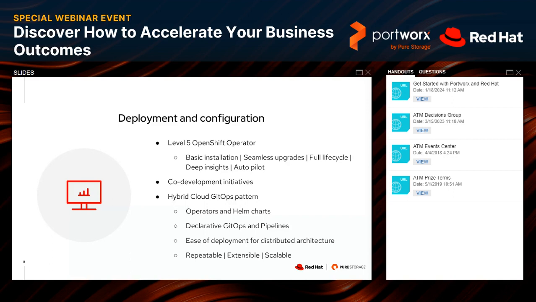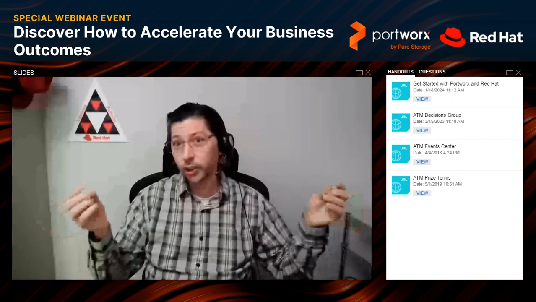With a hybrid cloud GitOps pattern, what we do is we bring together operators and Helm charts for the configuration piece of that within a declarative GitOps and pipelines deployment so that everything is codified. It makes it easy to deploy, it makes it easier to configure for all of these different types of architectures, but it also includes a CI/CD pipeline so that you're able to keep everything up to date.